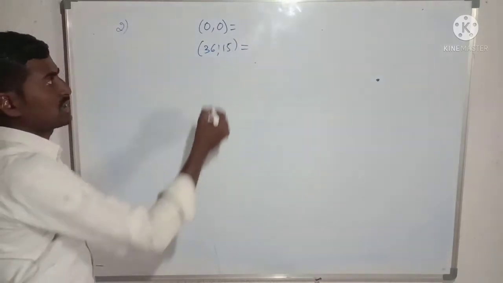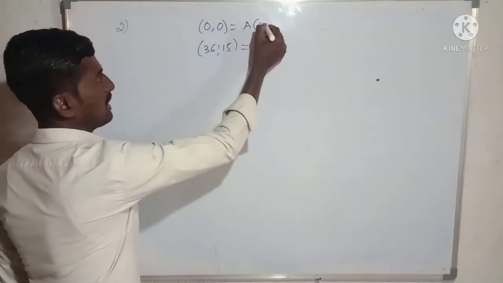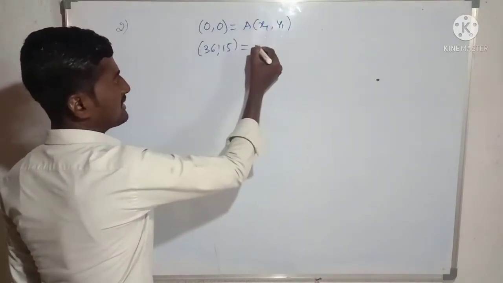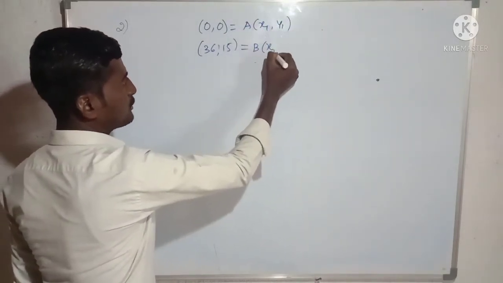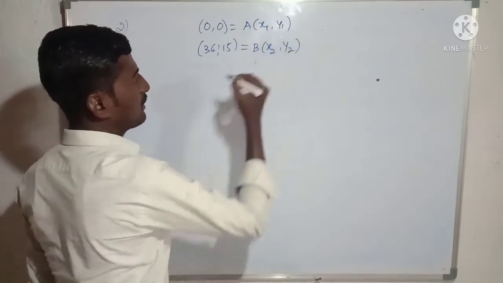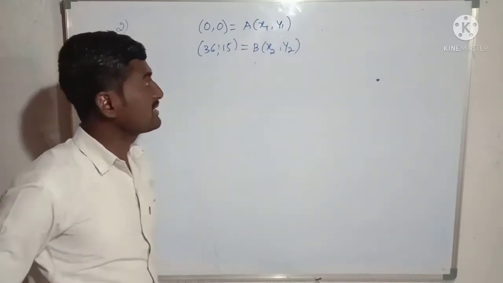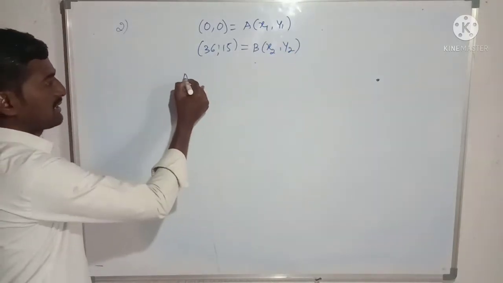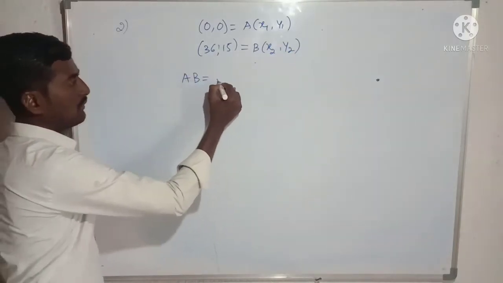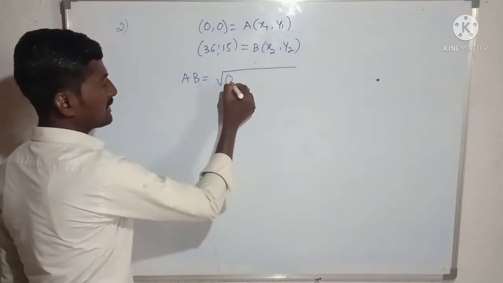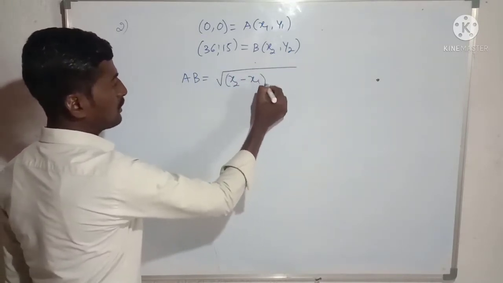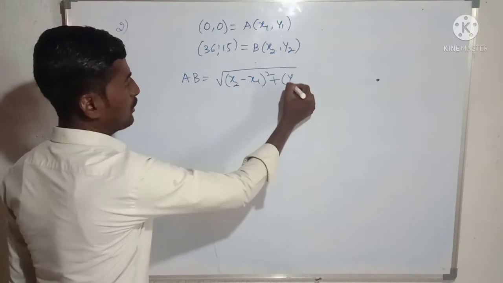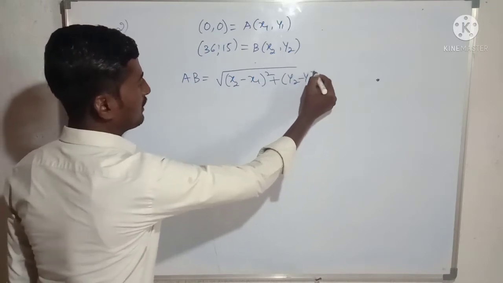Now let us take the first point as x1 comma y1, second point as x2 comma y2. Okay. Now we have to find the distance between these 2 points. Let us write the formula first. AB is equal to under root of x2 minus x1 whole square plus y2 minus y1 whole square.